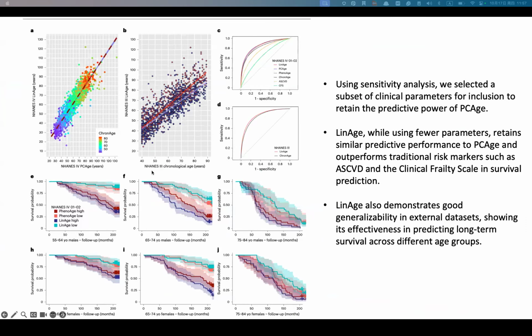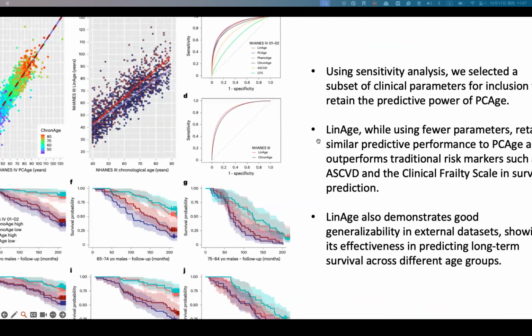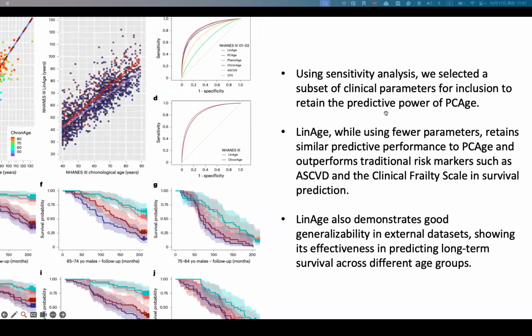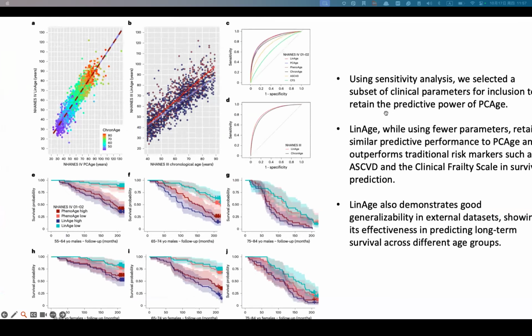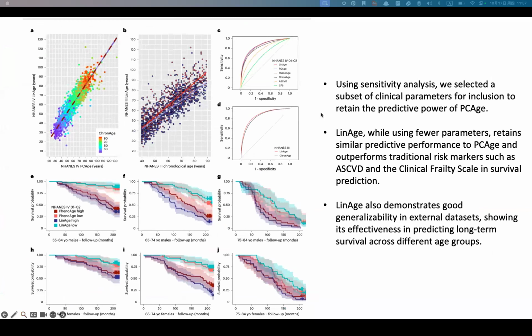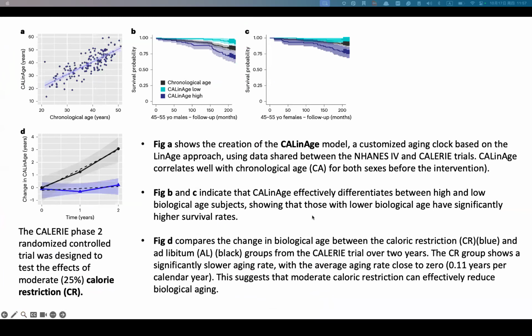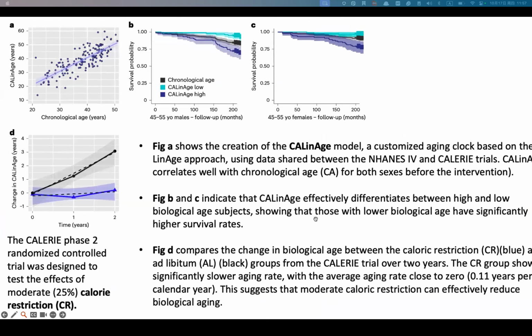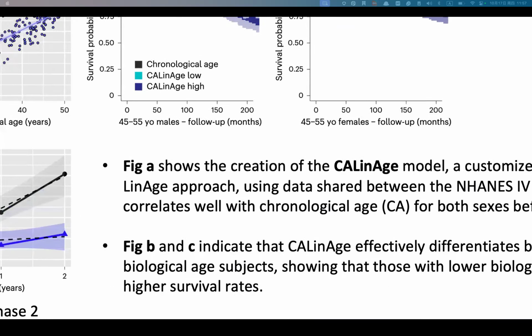This is also for sensitivity analysis. That also created a simple biomarker, and he has done the same analysis as the previous slide. This one is the experiment I mentioned before for the calorie restriction.